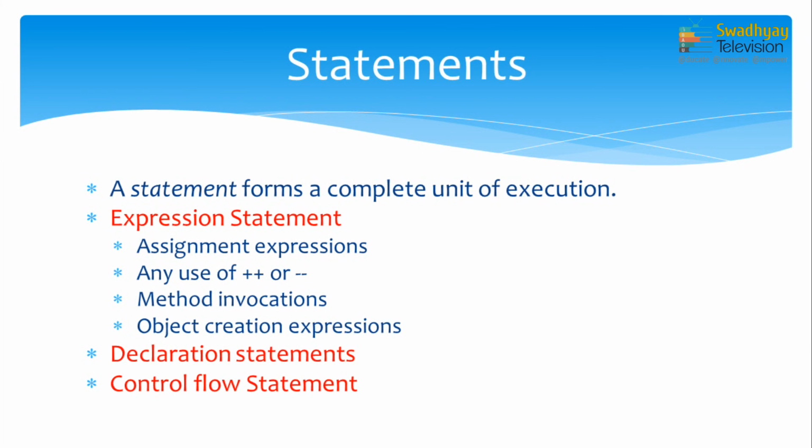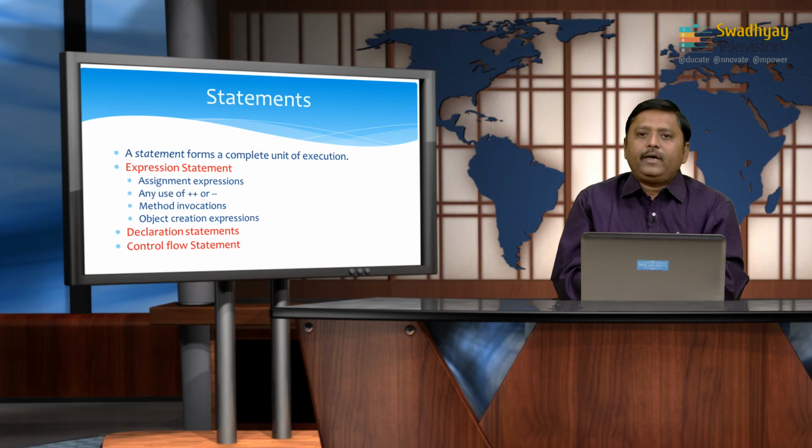And we have declaration statements that we have seen earlier, and control flow statements that we discuss later on, like if-else ladder, for loop, while loop, switch statement, etc. These control flow statements we are going to discuss in the next session, but we can say a statement is a unit of execution and we can classify statements based on what they do.